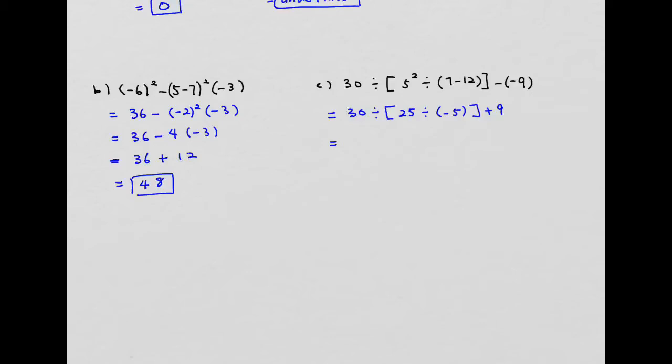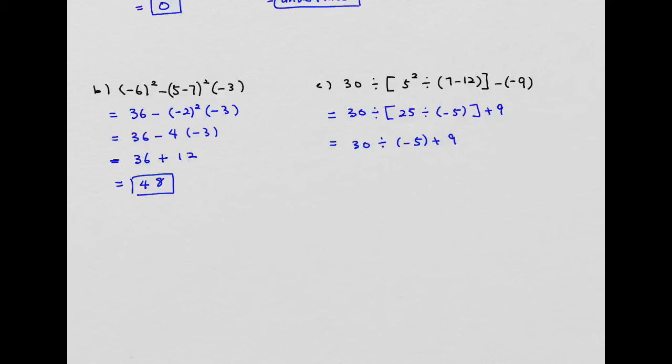And then I do the next parenthesis, which is going to be the bracket, right? So you see 25 divided by negative 5. Because you have one negative, whatever that number is going to be is a negative value. 25 divided by 5 is 5. So I have 30 divided by negative 5 plus 9.